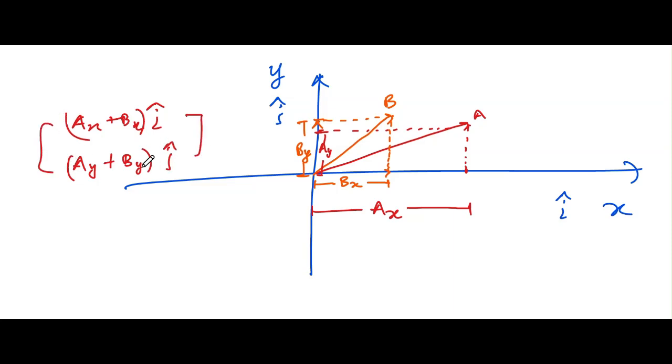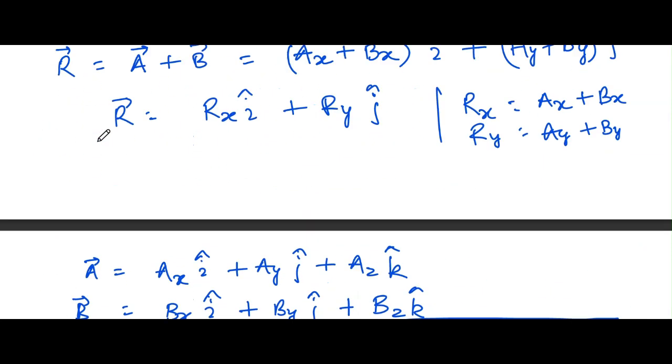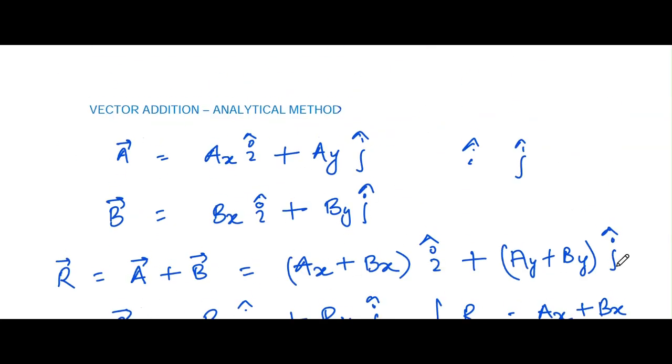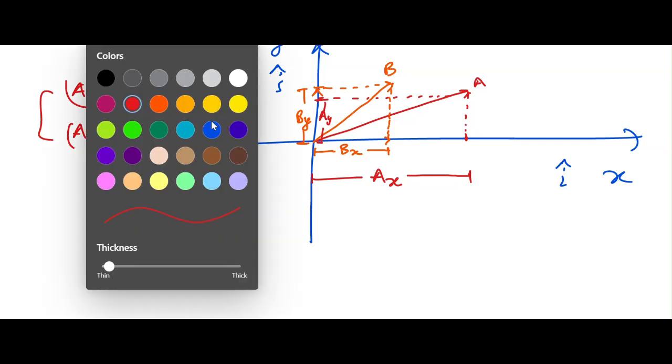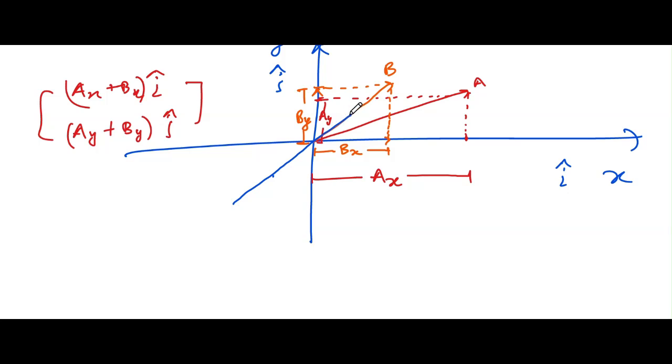So these two are components as we have written earlier. So the same argument we can carry forward in 3D also. We can add one more component z, and then we can get the projection onto the z-axis, and then we can add that component also in case of 3D. So this way we can add vectors to get the resultant vector in terms of their components after resolving those vectors into their components. So this is one way.